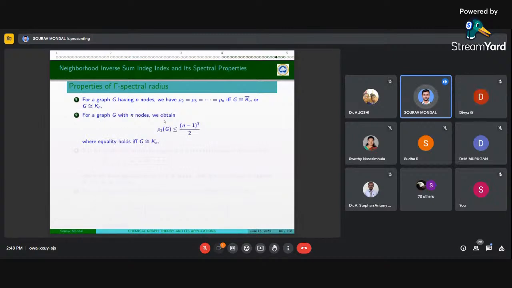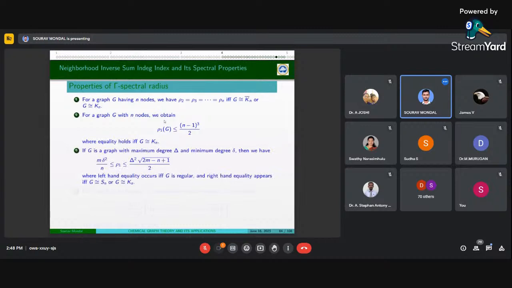This is an upper bound of ρ1 which attains on the complete graph K_n, where n is the order of the graph G. It gives lower and upper bounds of ρ1, where extremal graphs are the star graph and the complete graph. Here capital Δ is the maximum degree, small δ the minimum degree, and small m is the size of the graph.